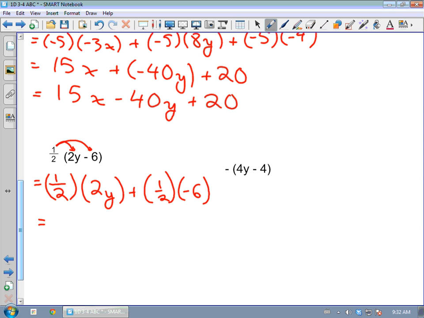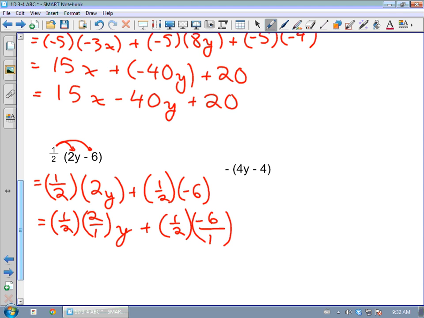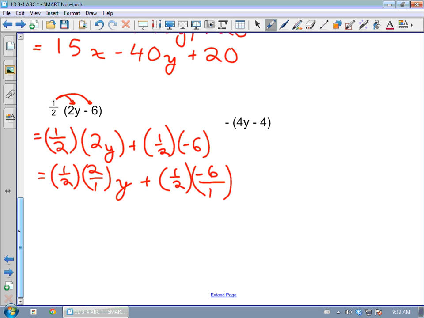So we've got this 1/2, and we want to multiply it by the number that we see here, the 2. So how can we think of that 2? Right, we can think of it as 1/2 times 2 over 1 y, like that. Same thing over here. We can think of our negative 6 as negative 6 over 1.